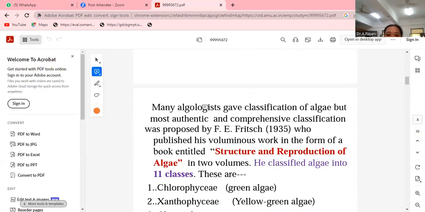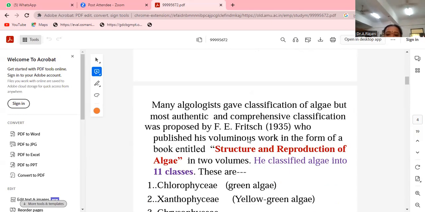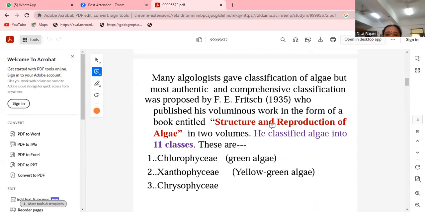Algologists gave classifications, but the authentic and comprehensive classification was proposed by the scientist Fritsch from 1935 to 1948. He published one volume or book. That book name is Structure and Reproduction of Algae.